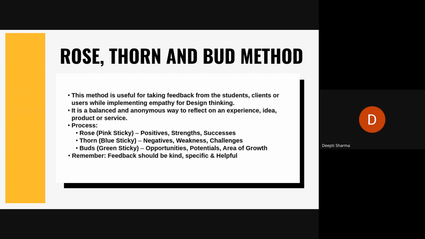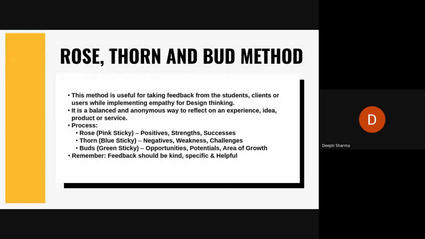In the blue sticky or the thorns, the negatives, the weaknesses, and the challenges should be included. And in the green stickies or buds, the opportunities, potentials, and areas of growth can be considered.